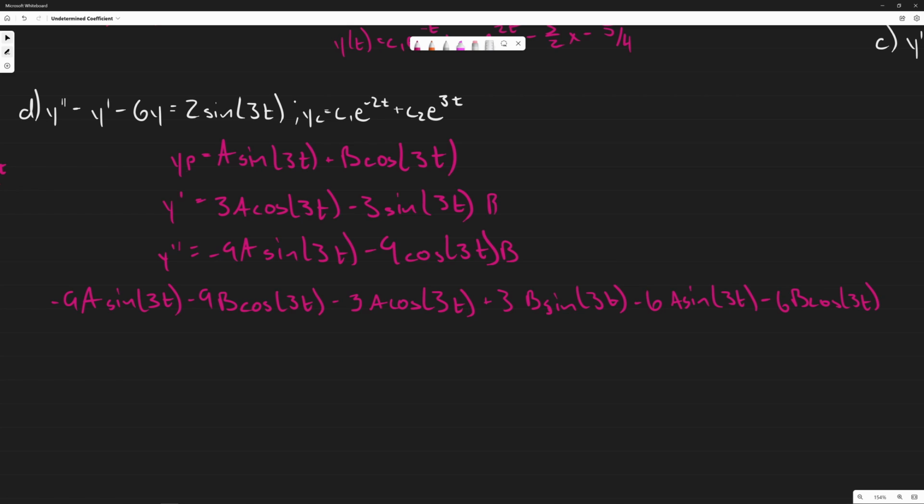And we know it's going to be equal to 2 sine 3t, but what we can do now is group things together.